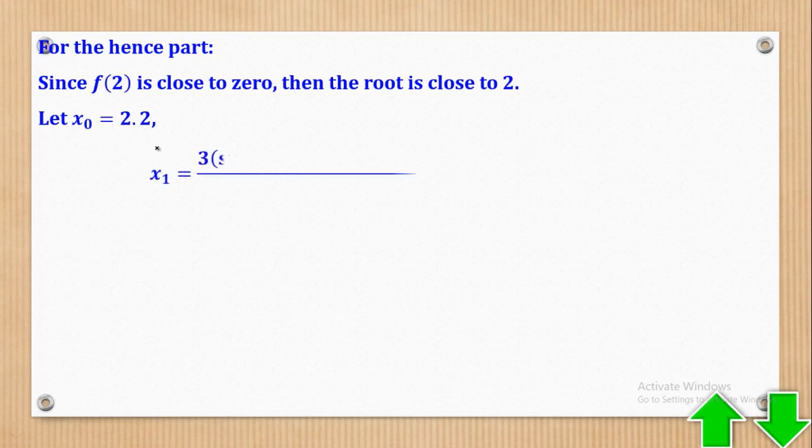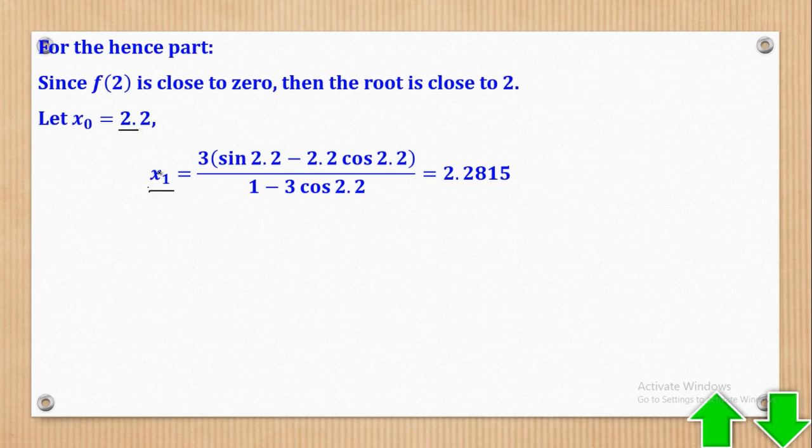When x naught is equal to 2.2, I'll substitute x naught where there is xn, so that I can get x1. So x1 will be equal to 3 in brackets sine 2.2 minus 2.2 cos 2.2, over everything divided by 1 minus 3 cos 2.2. Here I have to remember that the calculator should be in radians.